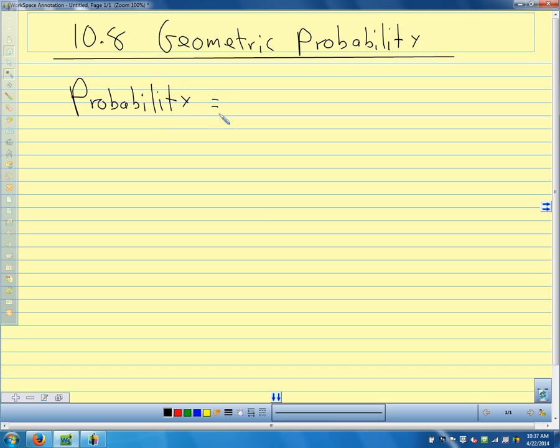The way I think of probability, no matter how we're working with it, and we talked about this way back at the beginning of the year, the way we find it, big picture, is favorable outcomes divided by the total outcomes. I always think about probability in general as just favorable over total. We're always looking for favorable over total.